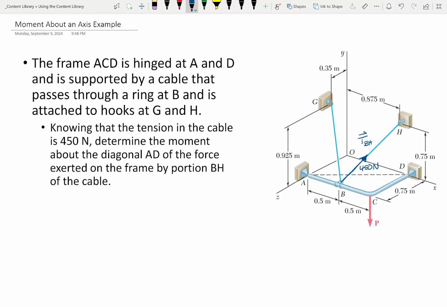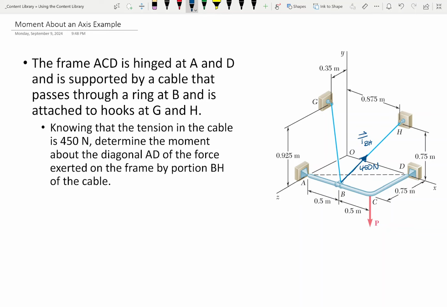Now imagine there's a shaft between A and D. That 450 newtons is going to want to twist that shaft a little bit. I want to figure out how much twisting, how much moment, there is about this line right here.